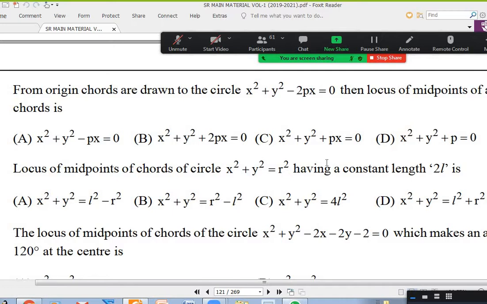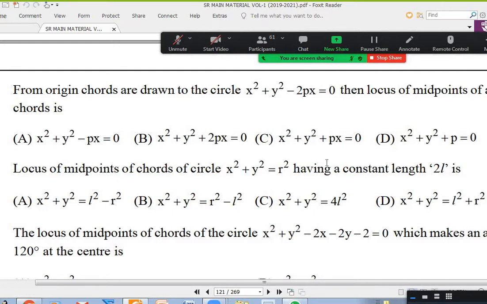Yeah, we'll discuss 93 now. Okay, from the origin, chords are drawn to this. The locus of midpoints of the chord. Oh, that is directly the circle.